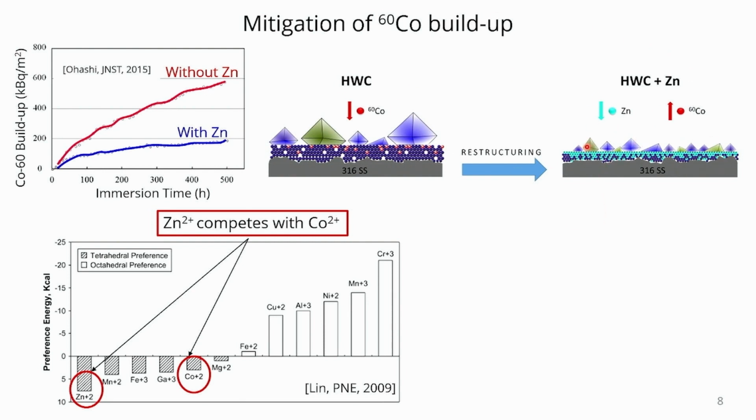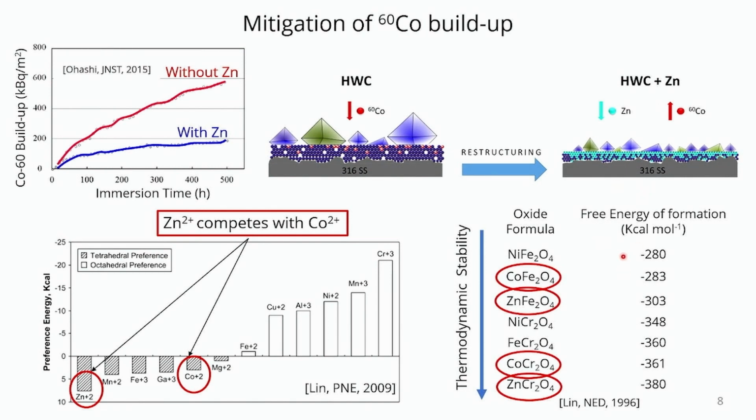Also, it has been observed that with the zinc injection into the water, usually a thinner and more protective oxide layer is formed. An explanation for this is the stability of the zinc spinel oxide compared to the cobalt spinel oxide.